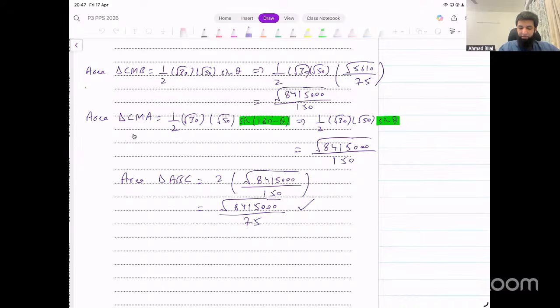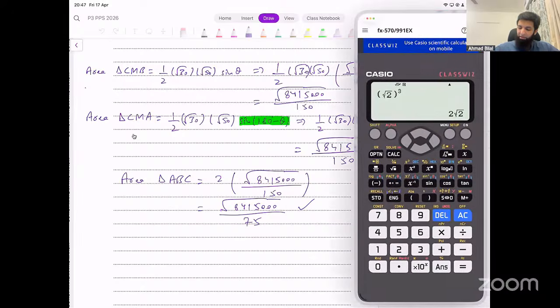To simplify this as well, we did not do this yesterday, but that will make it much simpler now. So input each of them separately. Do not put the whole thing on a calculator. Input under root 30 separately, input under root 50 separately, input under root 5610 separately.